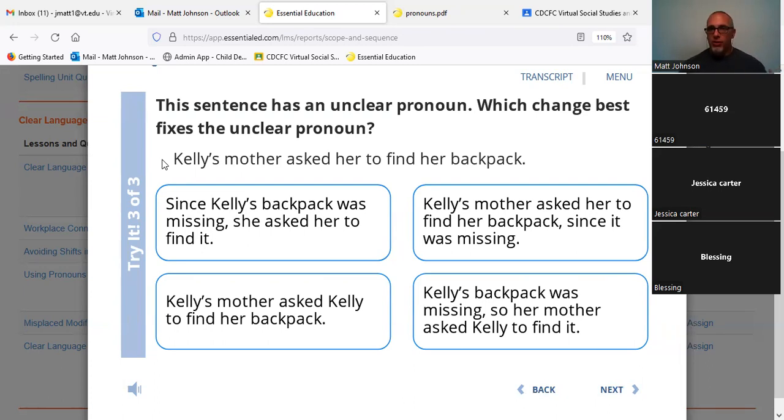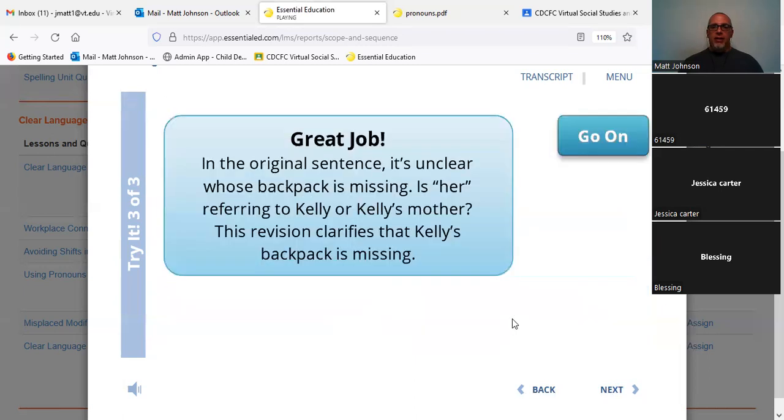You may have to change your syntax and change your sentence to make it clearer as far as who the pronouns are addressing. In this case, Kelly's backpack was missing, so her mother asked Kelly to find it. So we eliminate that confusing "her," right?